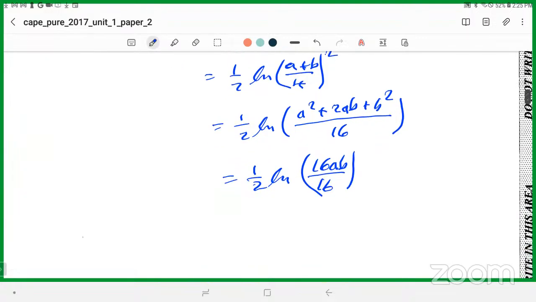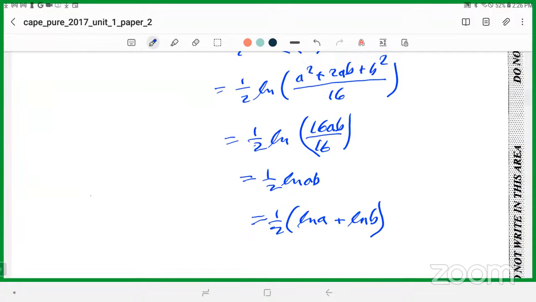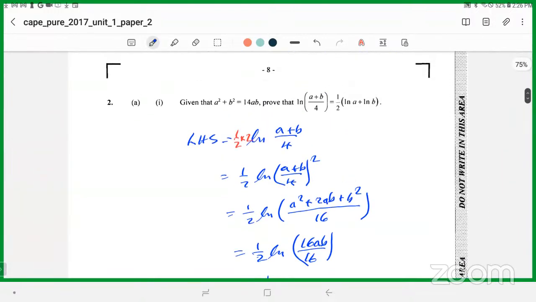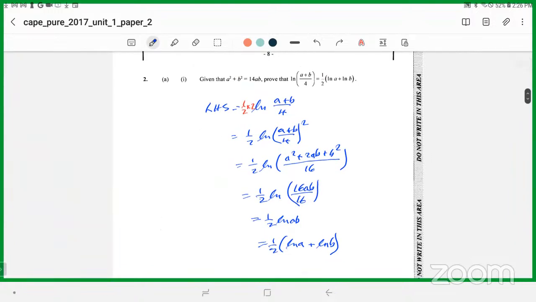The 16 cancels, and so you get half ln ab. Ln ab is the same as ln a plus ln b. That's what they told us to prove. Let me see. Yes, see there. Done. That's it. But I said that.